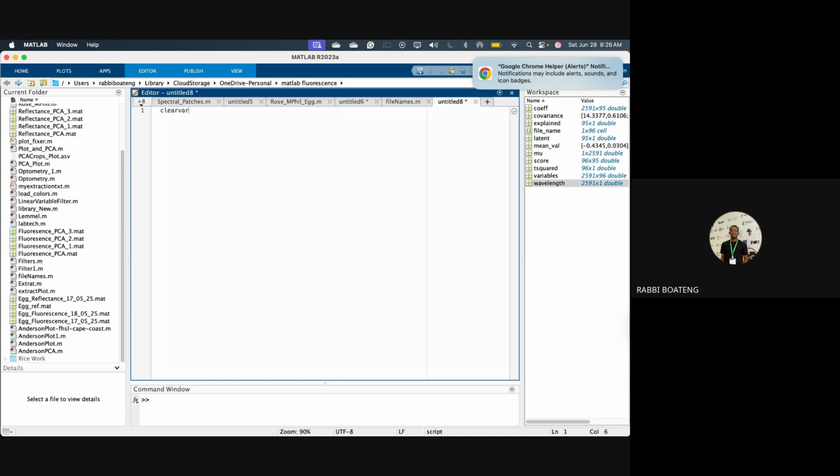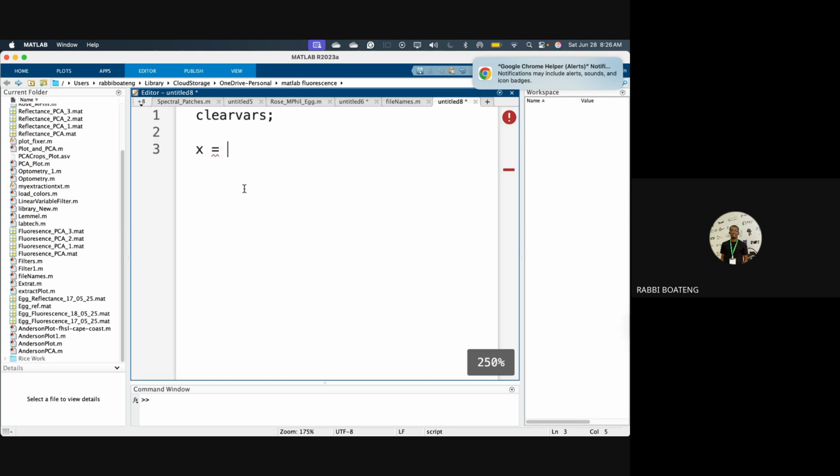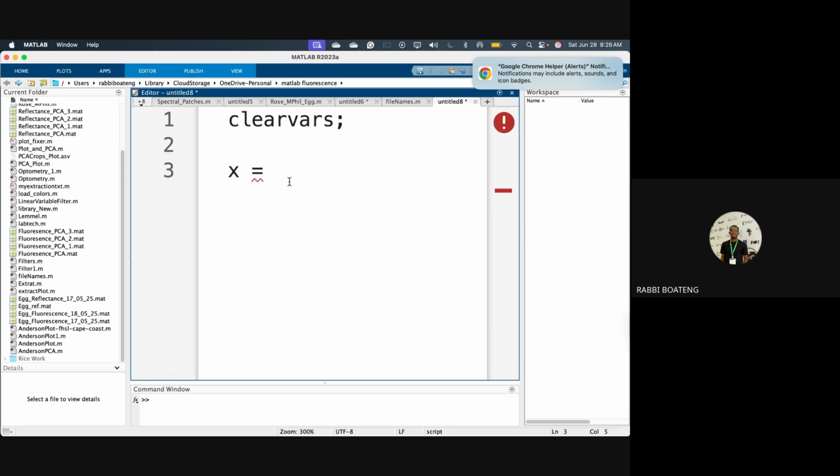So if you have something like, let's say some X values, and the X values here, let's make this one big. The clear bars here, don't worry about it.